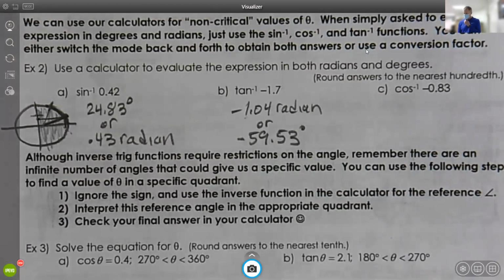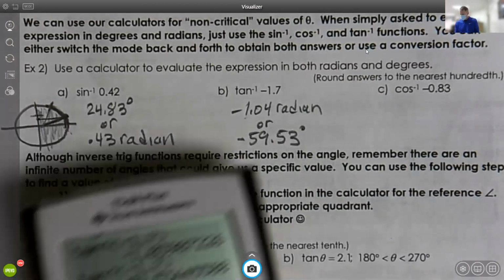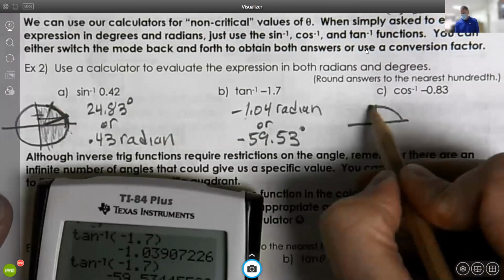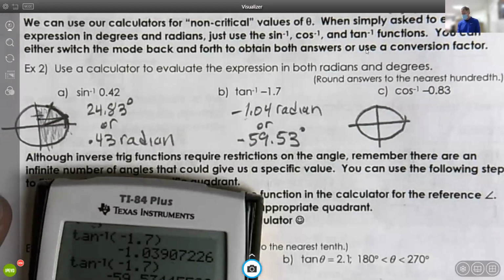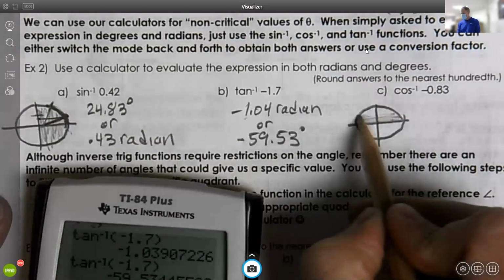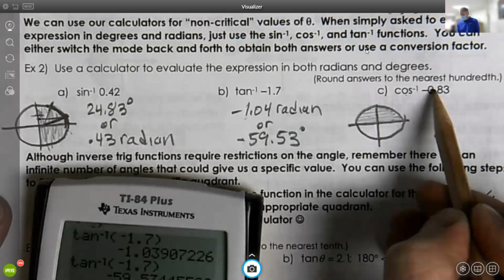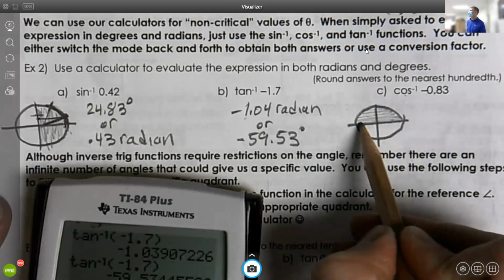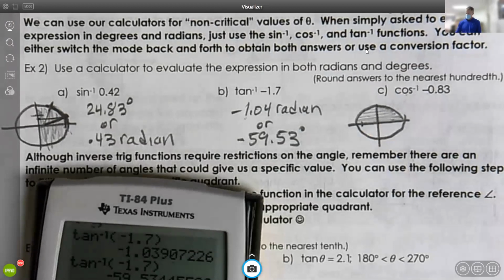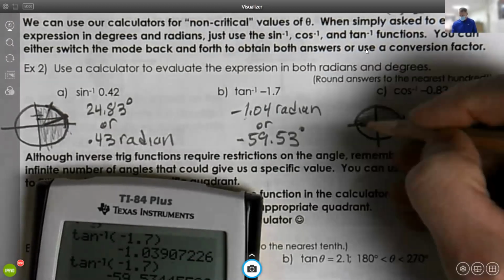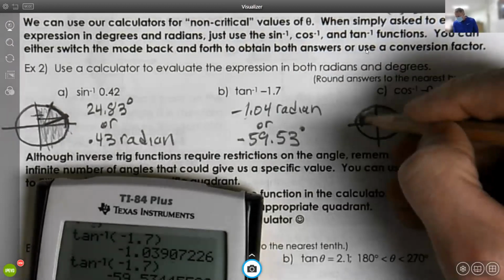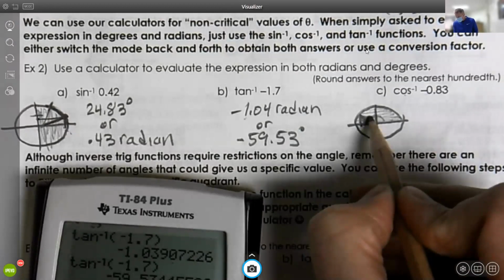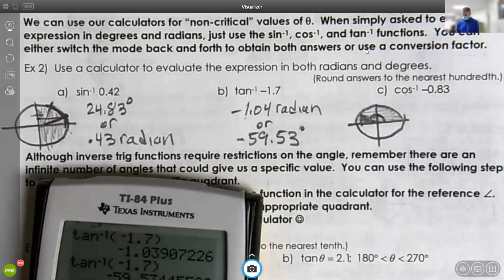And then you have your cosine inverse. Okay, this one we can explain a little bit easier than we can with tangent. Cosine inverse of -0.83. Well, negative is to the left. 0.83 would be out here somewhere, and if you come up, you're trying to figure out what that angle is. Well, cosine will tell you.